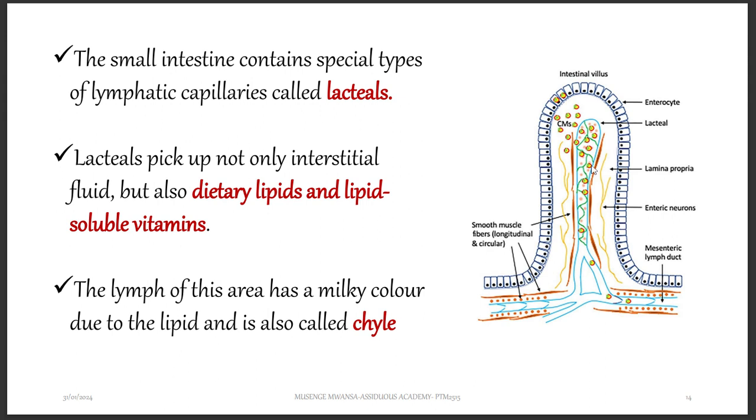So these are the lymphatic capillaries found in the GIT, or in the small intestines, to be specific. If you find lymph in this area, it is going to have a milky appearance because of the lipids, and it is called chyle.